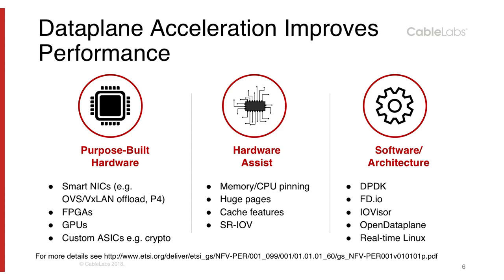Purpose-built hardware includes items such as smart NICs that might have OVS offload, VXLAN offload, P4 interfaces, etc. It can be FPGAs, it can be graphical processor units, GPUs, that are used for high-performance computing, artificial intelligence, machine learning type applications, and custom ASICs, for example, crypto, which can be very useful for security.